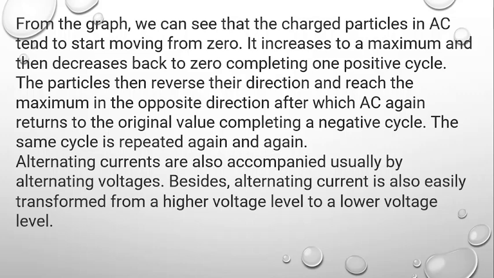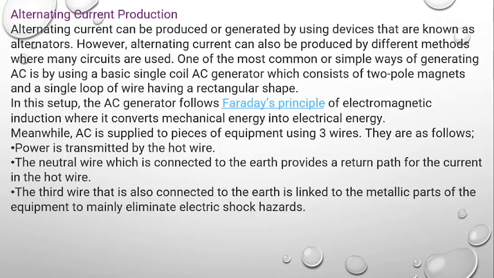The same cycle is repeated again and again. Alternating currents are usually accompanied by alternating voltages. Besides, alternating current is also easily transformed from a higher voltage level to a lower voltage level.